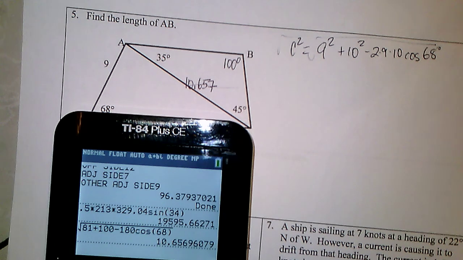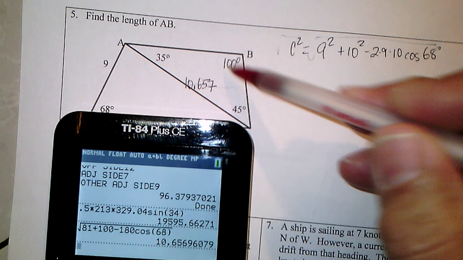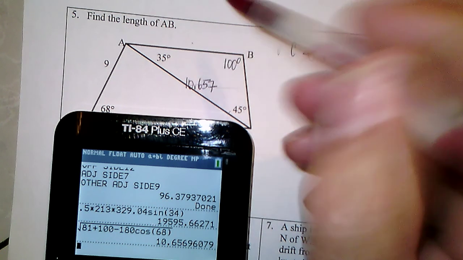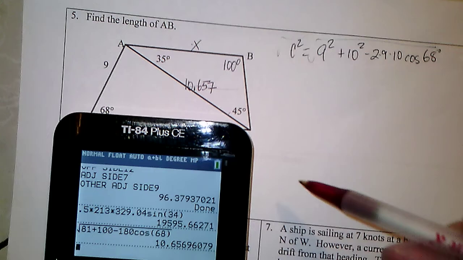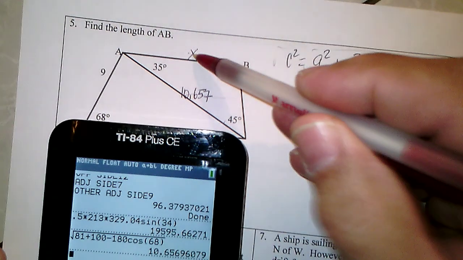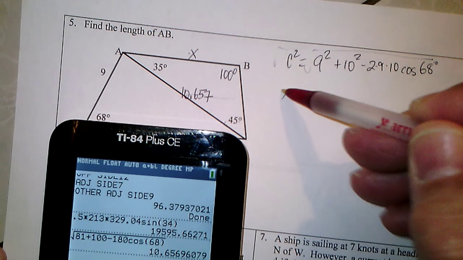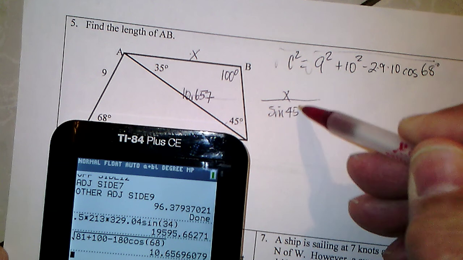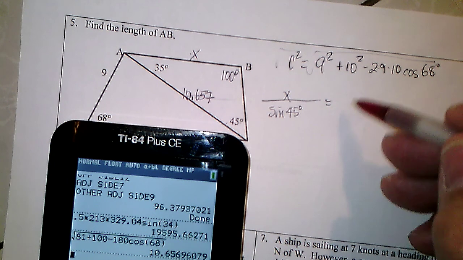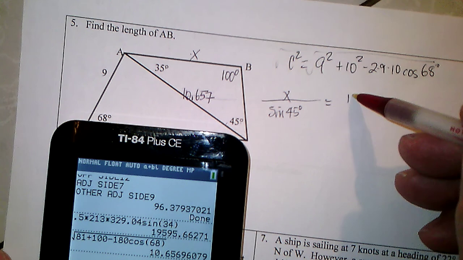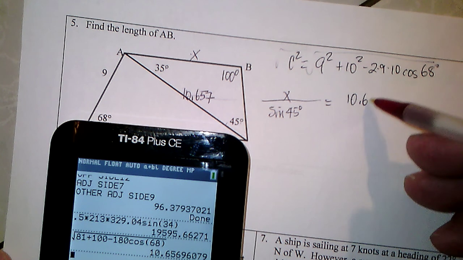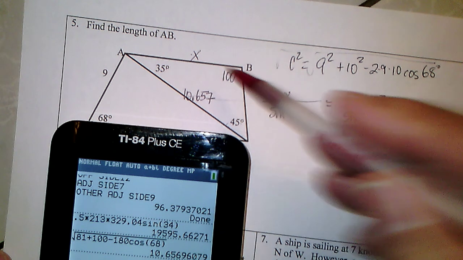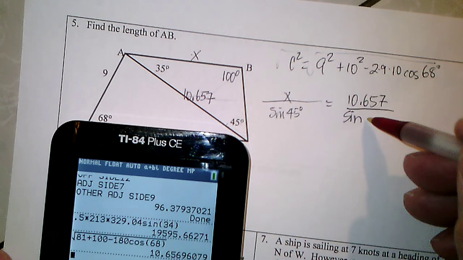Okay, so now I know one side and lots of angles. I got angle, side, angle, but I can use the law of sines. And I need this side up here, AB, so I'll call that X. So X is across from the 45. So X, using the sine law, over the sine of 45 degrees is another side, 10.657 across from the sine of the angle across from it, which is 100.